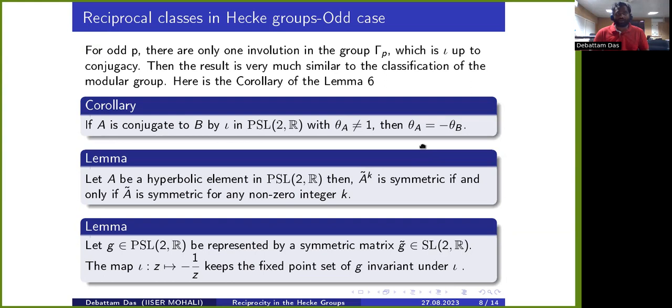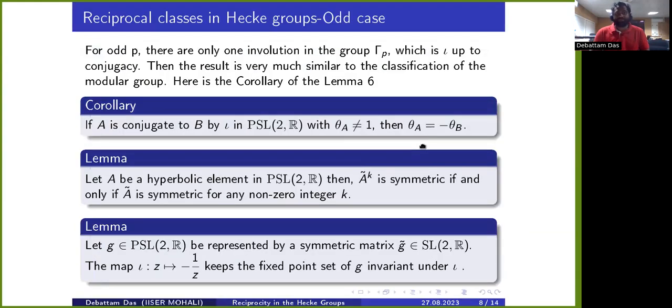Let A be a hyperbolic element in PSL2R, and A tilde a lift of A in SL2R. Then A tilde to the power k is symmetric for some non-zero integer k.